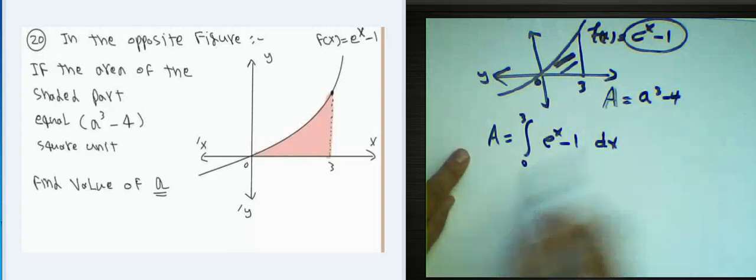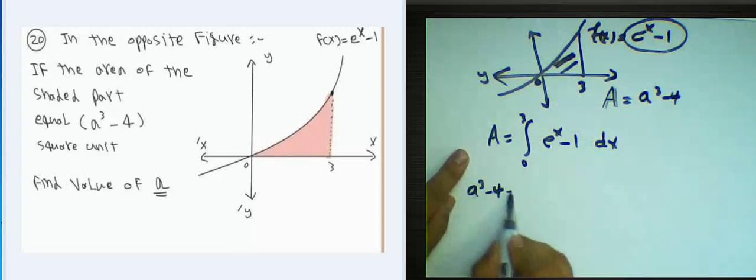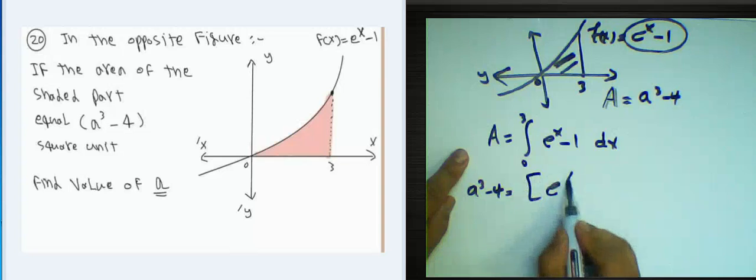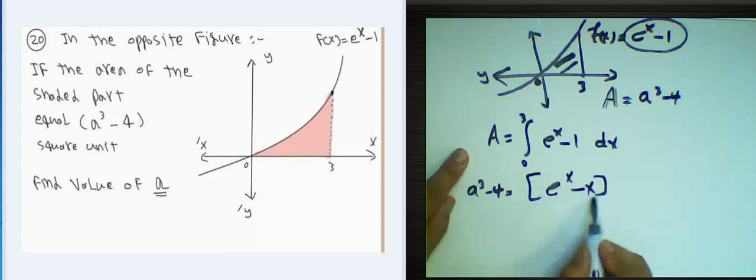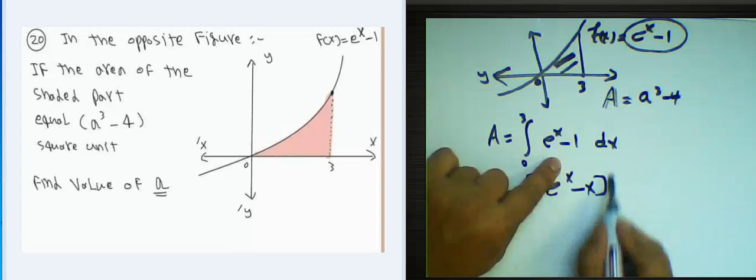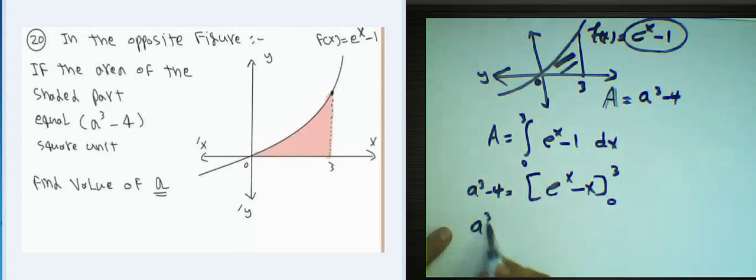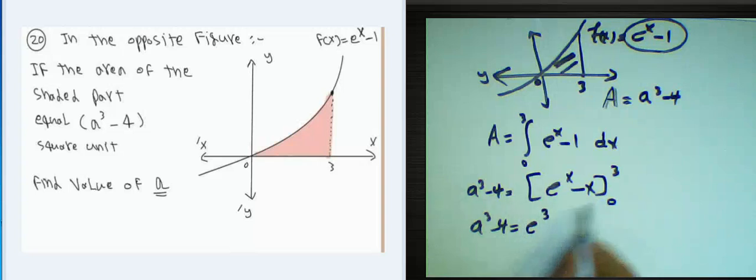He gave us the area equal to e power 3 minus 4. The integration will be e power x minus x, integrating the function from 0 to 3. Then e power 3 minus 4 equals: put 3, then put 0. It will be e power 3 minus 3, subtract, put 0: e power 0 equals 1 minus 0.